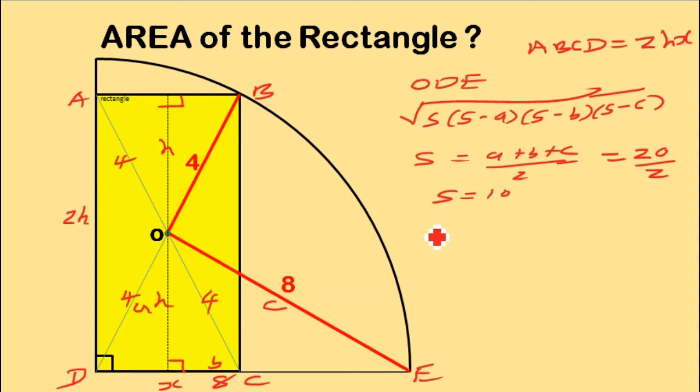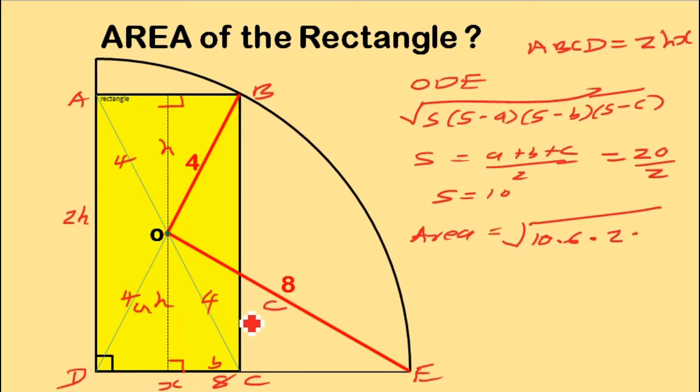So what is the area? The area of that triangle is going to be the square root of S, which we found to be 10, times S minus A. A is 4, so 10 minus 4 is going to be 6. Then S minus B. Our B was 8, so 10 minus 8 is going to be 2.